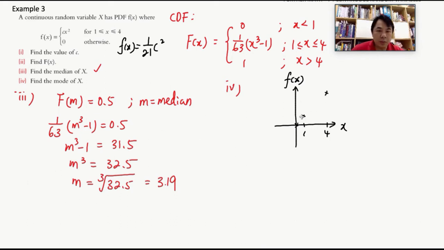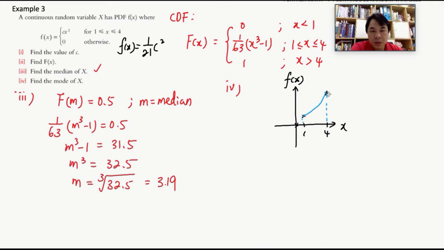Generally the graph looks something like this, because the graph only appears between this domain, so I'll draw it in such a way that it covers the domain here. Alright, that is our function.